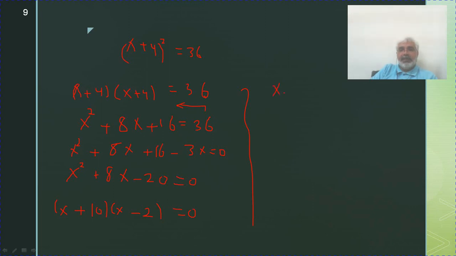So either x plus 10 equals 0, then x equals minus 10. This is the first one, or x minus 2 equals 0, then x equals 2, and this is the second solution. As you see, the approaches are different, but in each approach we find that x equals minus 10, and the second solution is x equals 2.